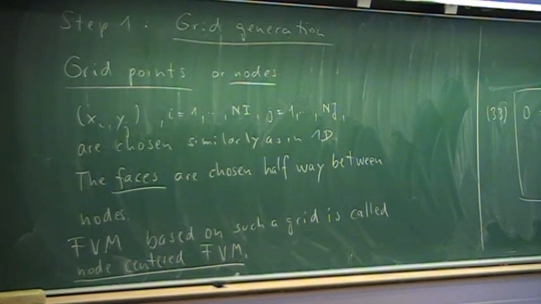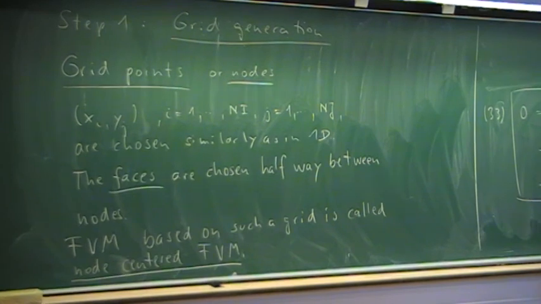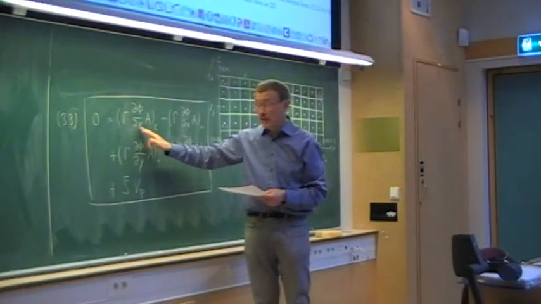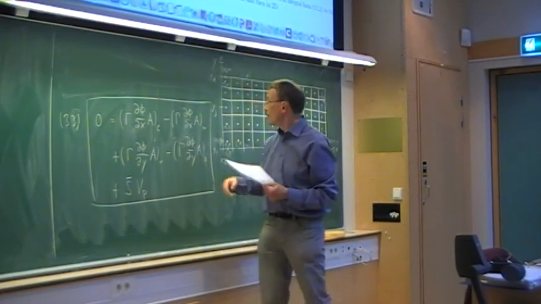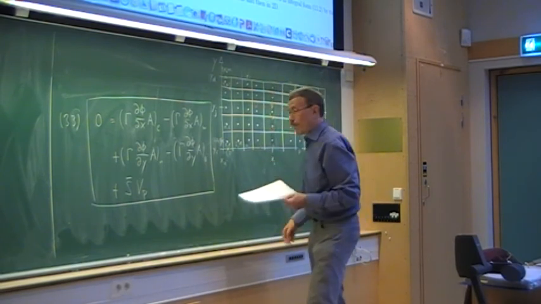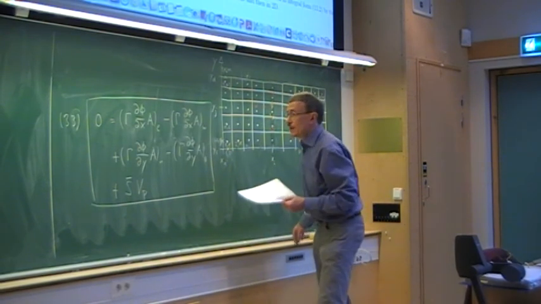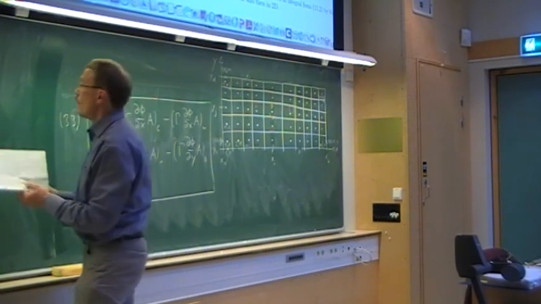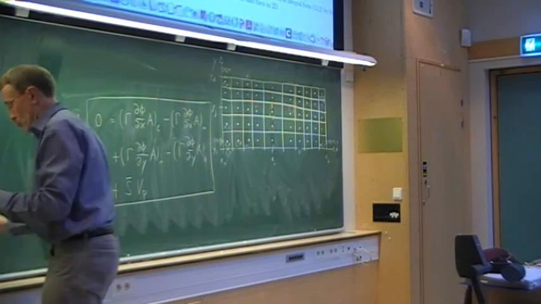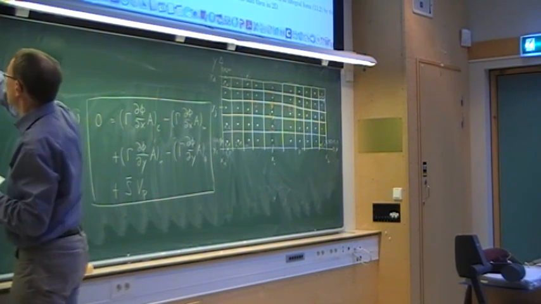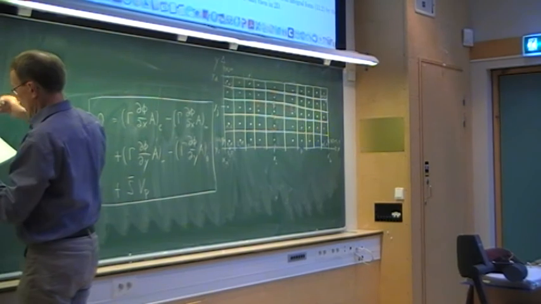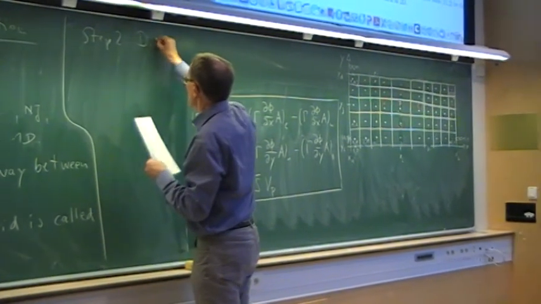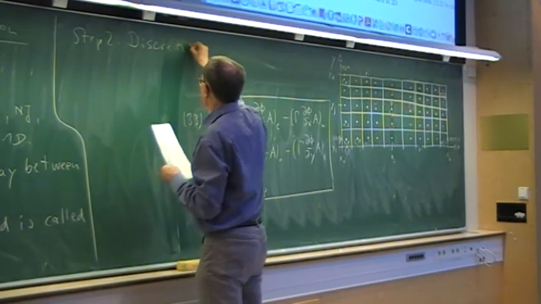Now we want to do the discretization, and then we need to approximate the diffusion coefficient and the derivatives at the faces. That is then step 2. And that is the discretization with the finite volume method.